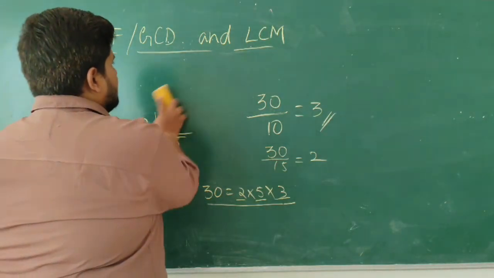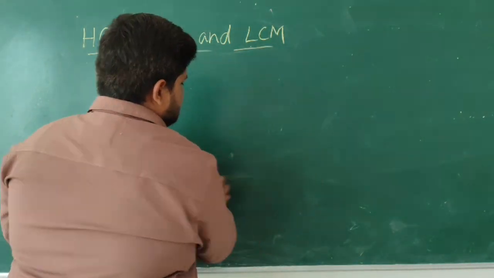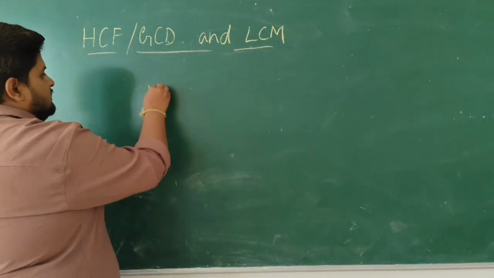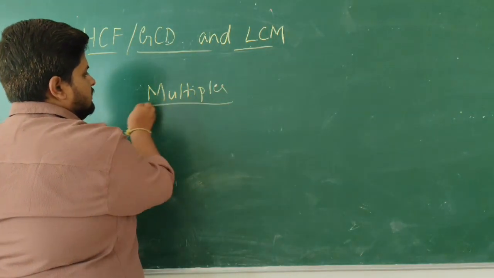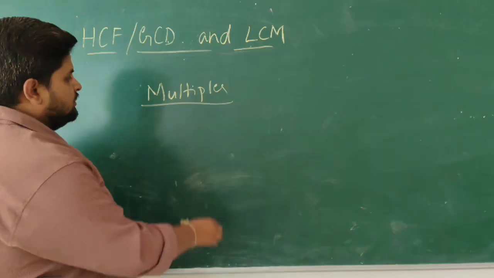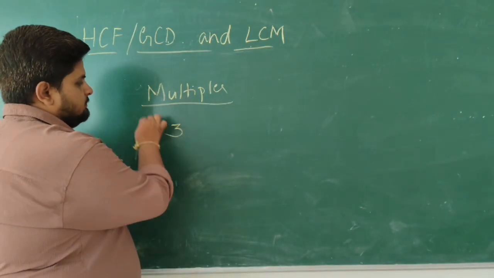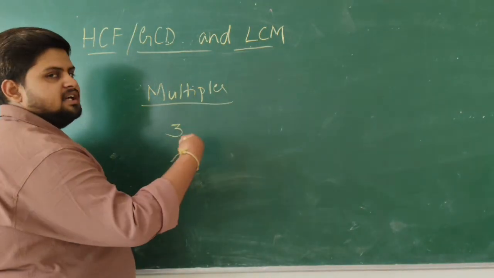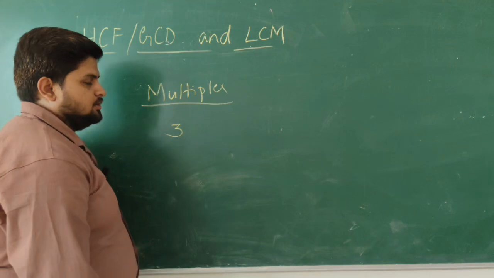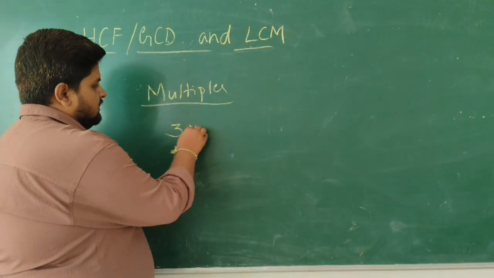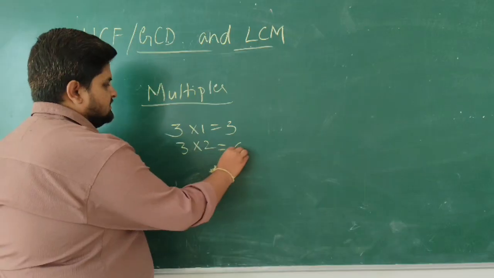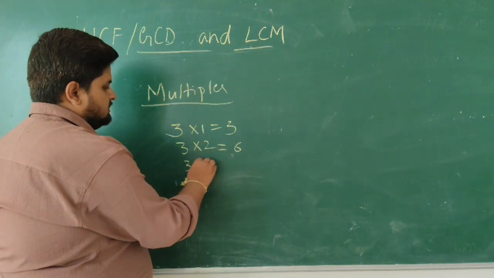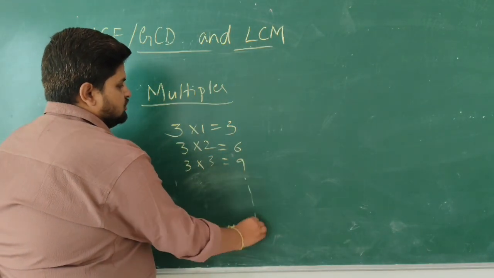Then comes multiples. Now let us learn about multiples. It's the same as tables. If you want multiples of 3, you simply multiply it with some number. If you multiply 3 by 1, you get 3. If you multiply 3 by 2, you get 6. If you multiply 3 by 3, you get 9, and so on.